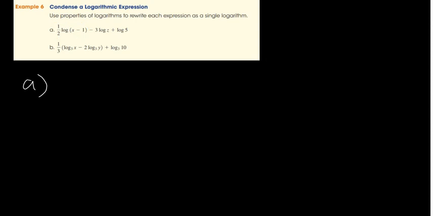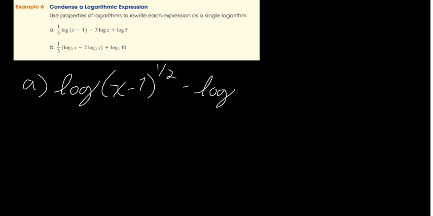Actually, the homework probably wants it as an exponent. Never mind. Let's put that 1/2 onto the x minus 1. So we're going to end up with log of x minus 1 raised to the 1/2 power, and then minus log of z cubed, and then plus log 5.